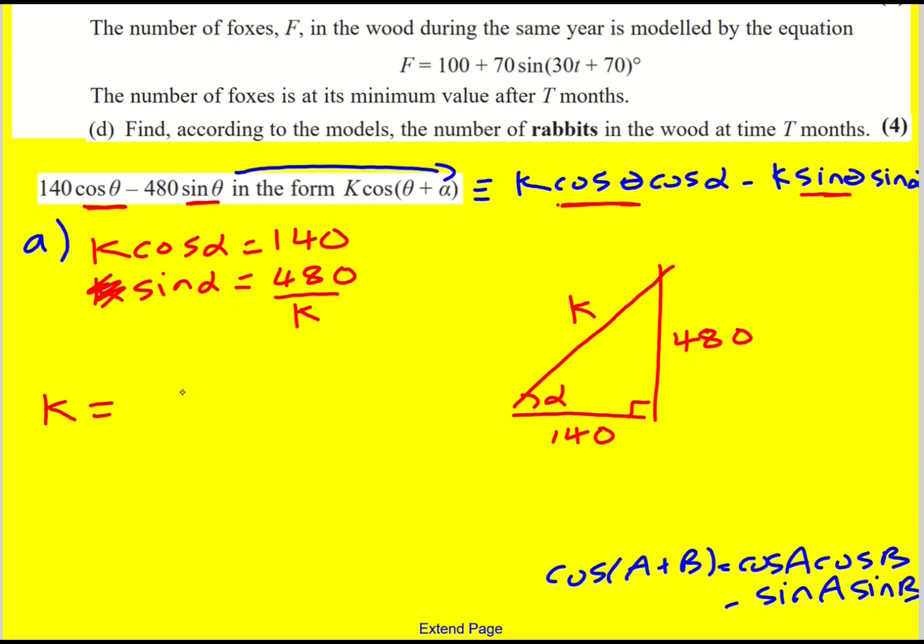So K is going to be the square root of 480 squared plus 140 squared, and that ends up being 500.